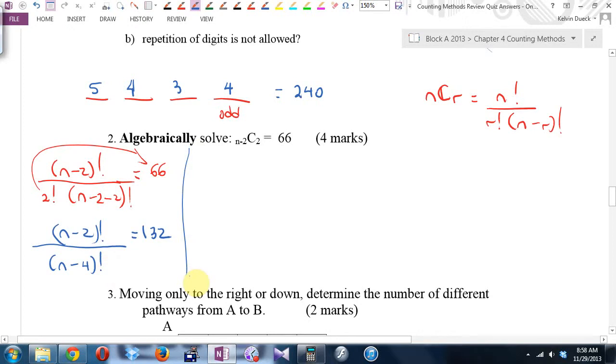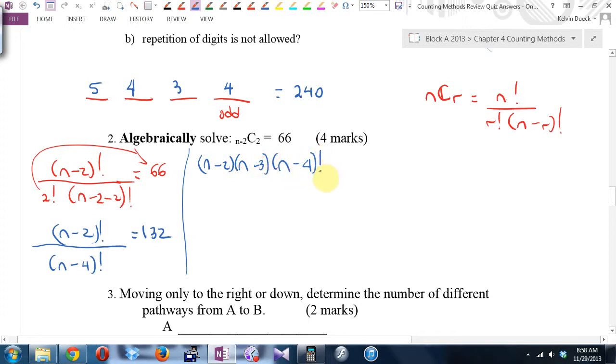Now I start to simplify the factorials. I ask myself, which one's bigger, the top or the bottom? What's bigger, n minus 2 or n minus 4? So I'm going to expand n minus 2. I'm going to write that as (n minus 2)(n minus 3)(n minus 4) factorial.